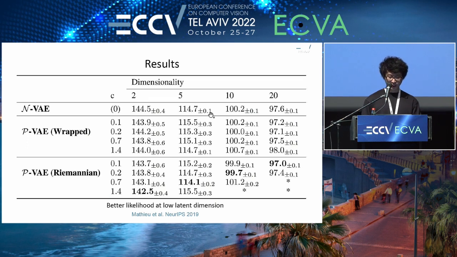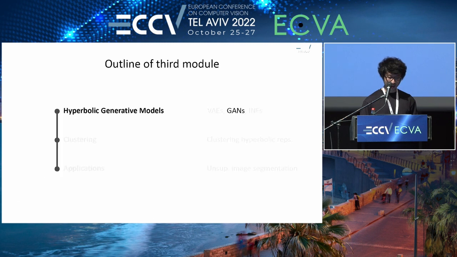Similarly for the likelihoods, at these low dimensions of 2, 5, 10, 20, we get much better performance. And it turns out that using this max entropy Riemannian distribution is slightly better than using the simple wrapped normal distribution. So maybe something to consider if you're going to use these distributions.